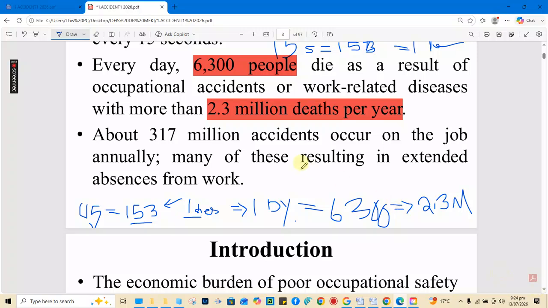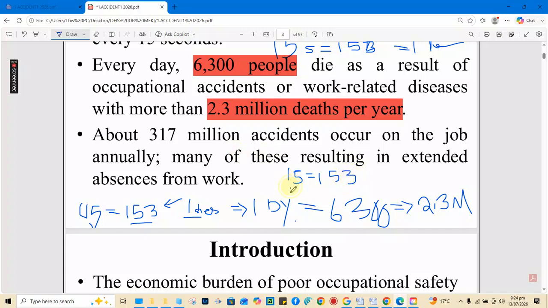And then for comparison purposes, we've said in 15 seconds, 153 accidents occur. Whereas per year, how many accidents occur? 317 million.